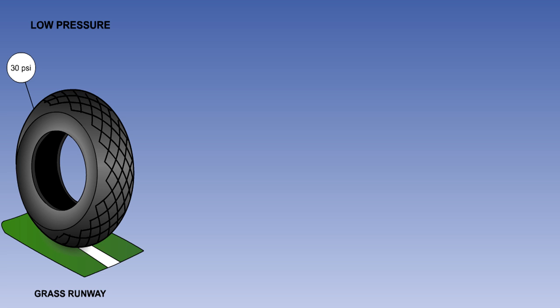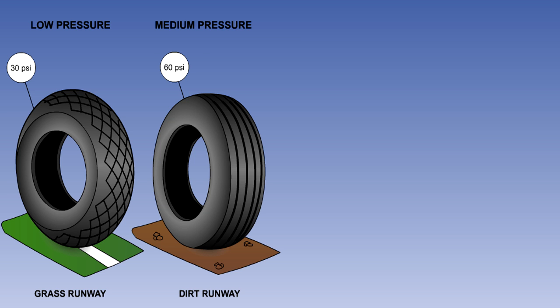These are fitted to aircraft using grass surfaces for takeoff and landing. Medium pressure tyres operate at a pressure of 35 to 70 psi, or 2.42 to 4.83 bar, and are used on grass surfaces or on medium firm surfaces without a consolidated base.